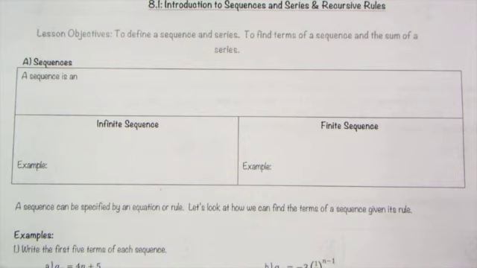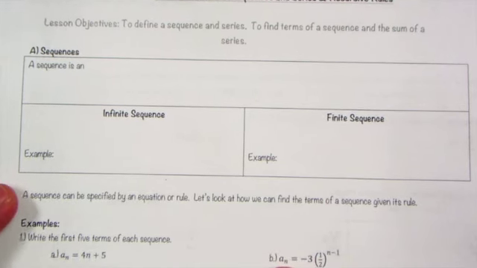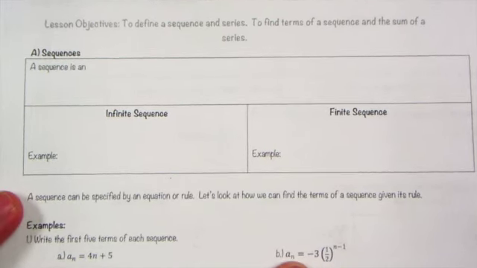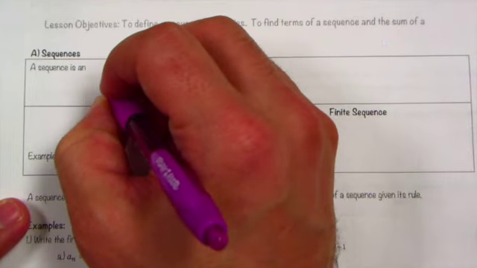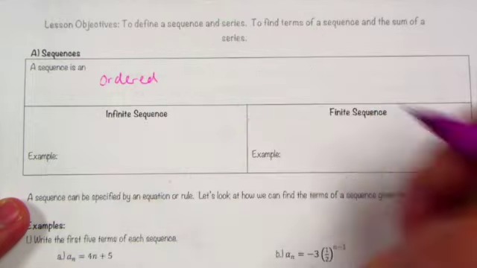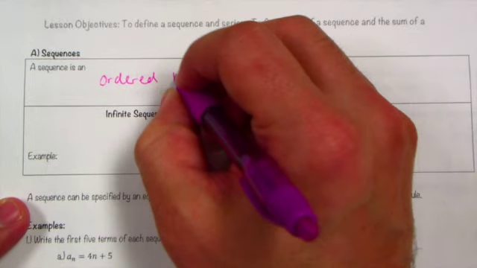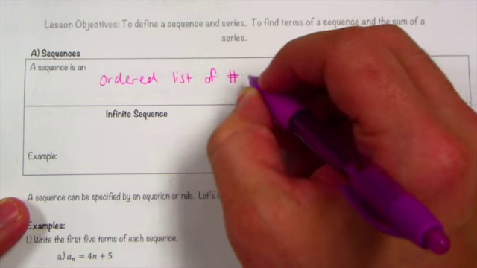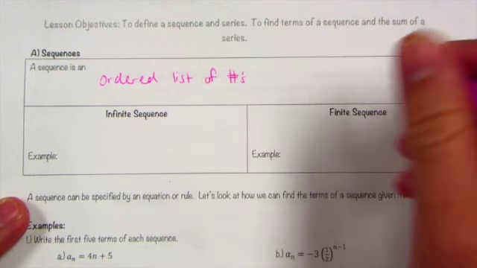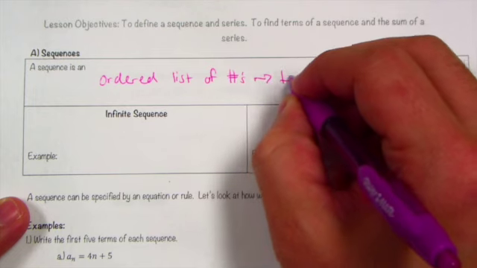The first thing we're going to talk about is what is called a sequence. Now, you may have seen this as something else, but all a sequence really is, is just an ordered list of numbers or terms.